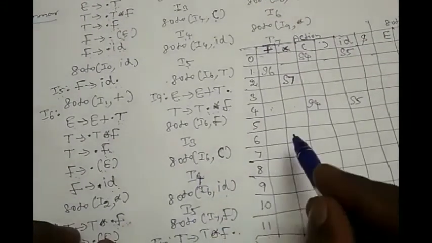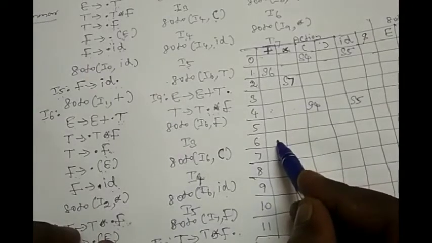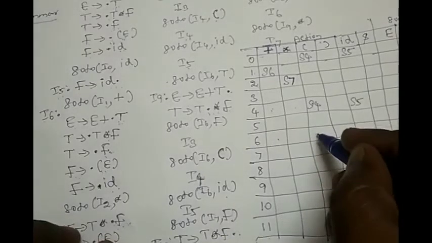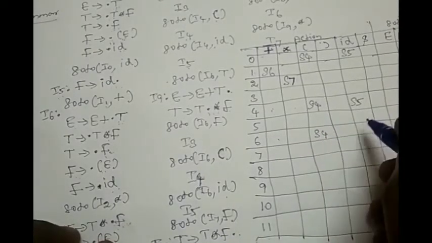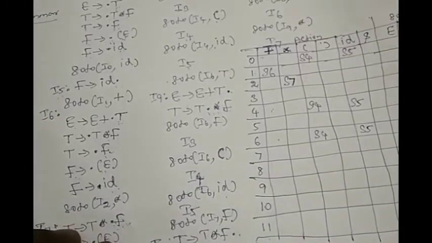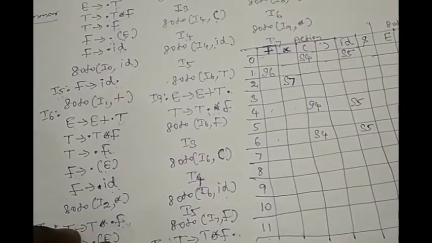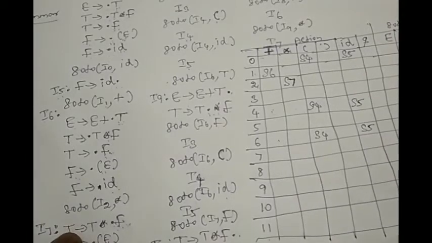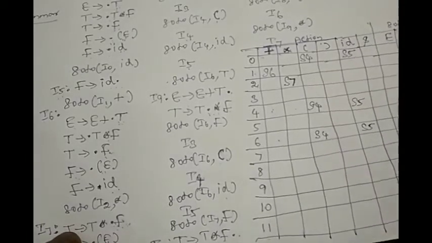So in I6, in open brackets write S4, and on ID write S5. Now I6 has been completely done.